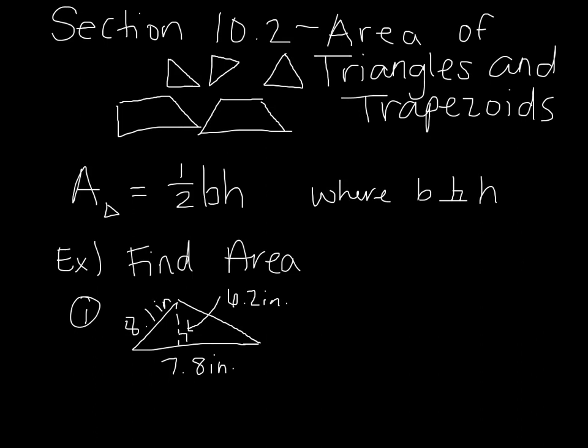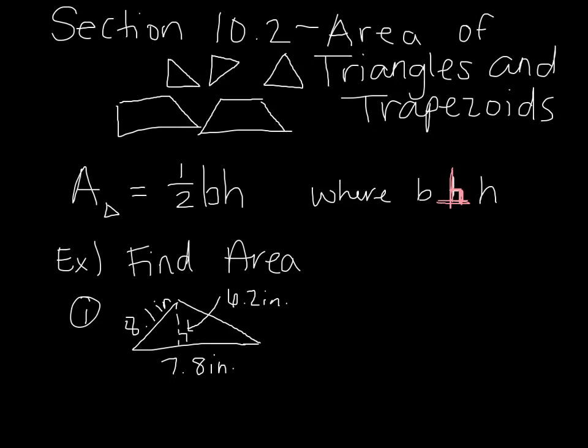And this has a right angle. Okay, so what we are looking for here is where's that right angle? Because we have to have a base and a line perpendicular that is going to be a right angle. Where do we have that? And what numbers do we need to use?